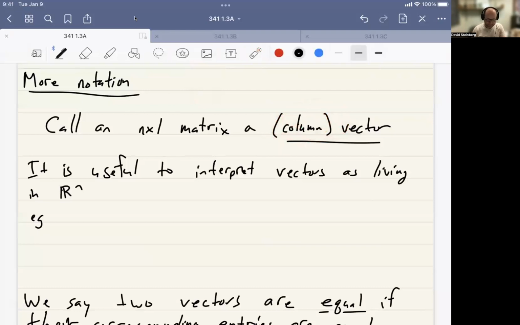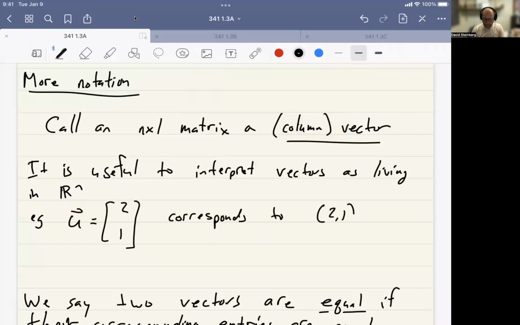So for example, to distinguish a real number scalar quantity from a vector quantity, we'll put this little arrow over our vectors, unless we forget, and then we'll have to forgive ourselves. So the vector 2, 1 corresponds to the pair 2, 1 in R2. And this is true in Rn as well. Column vectors correspond to ordered n-tuples.